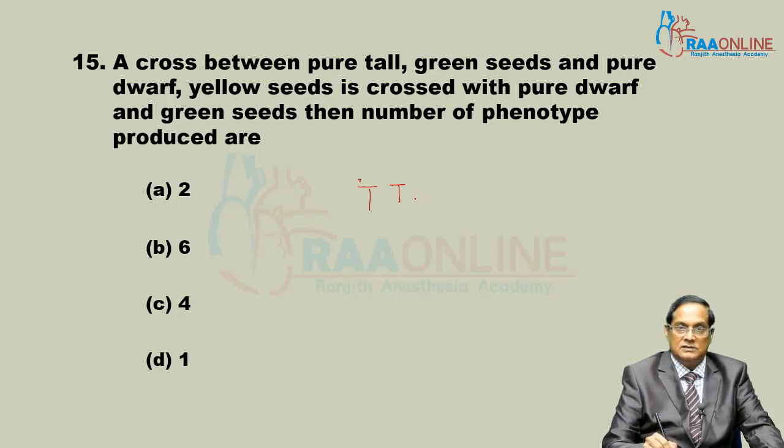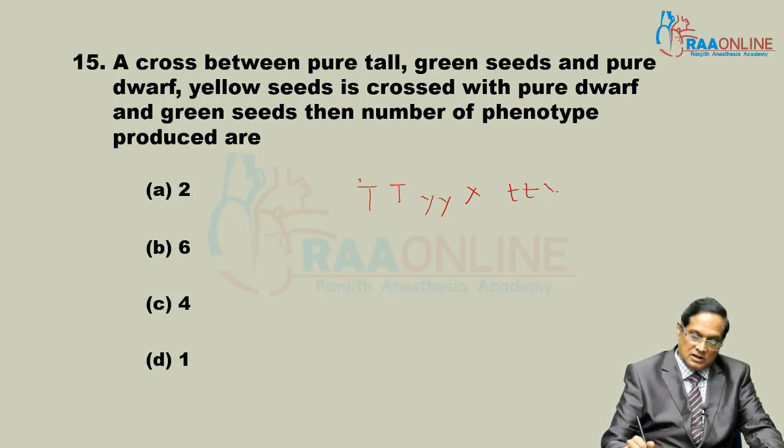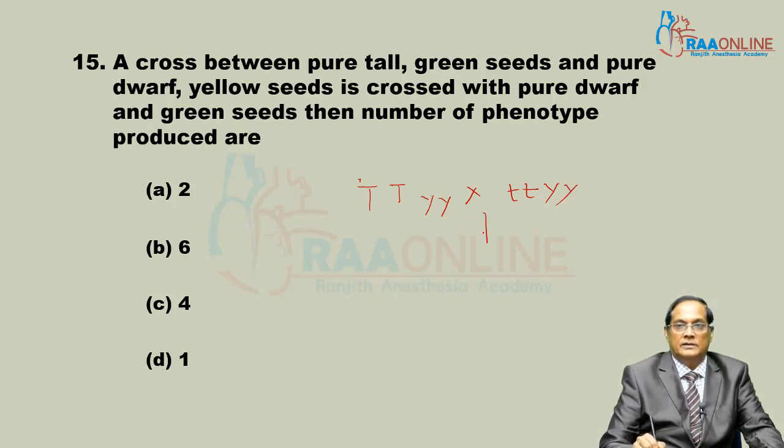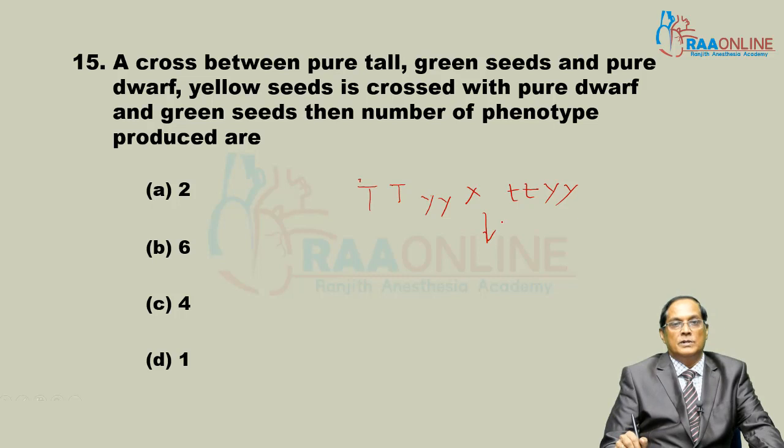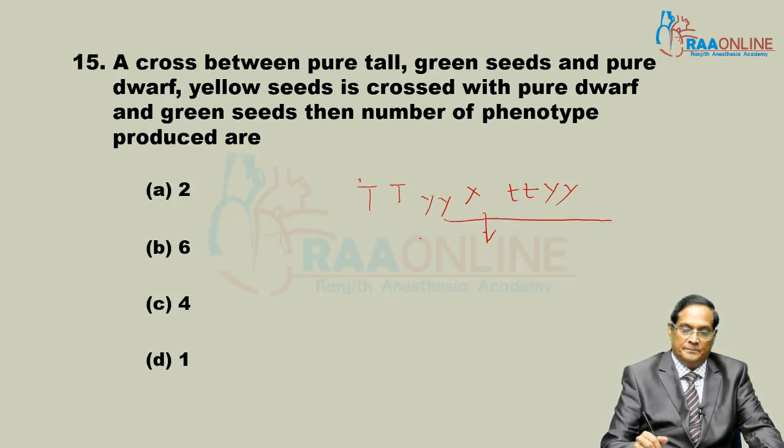That is small y, crossed with the pure dwarf, that is small t, and that is this one. Then the number of phenotypes produced, very simple.